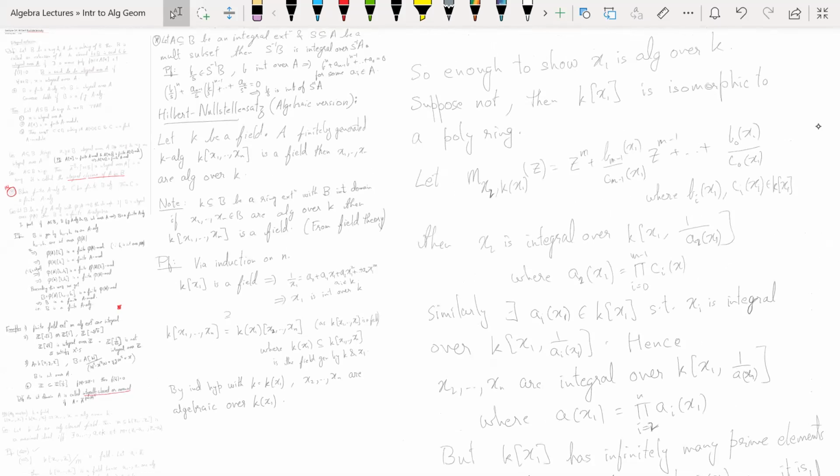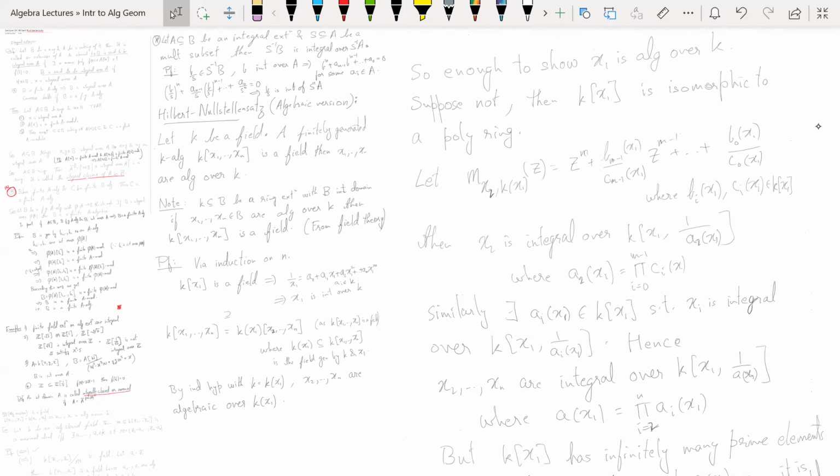That's the main ingredient of this proof. The rest is sort of a tool: all these integral extensions are just a tool to do that.